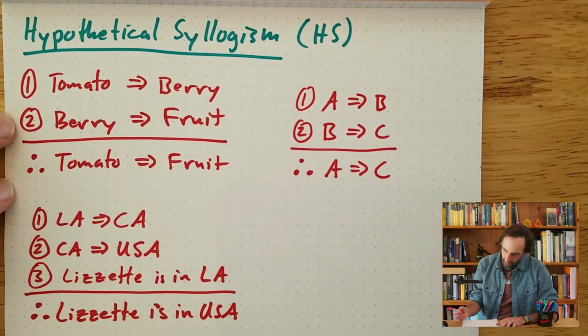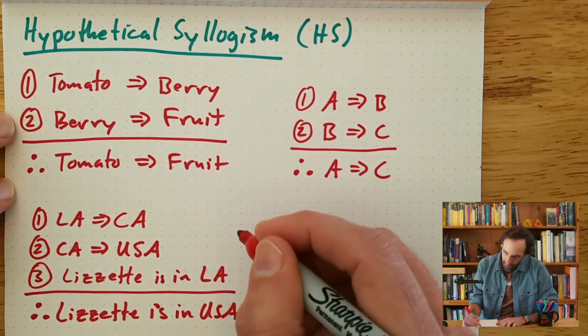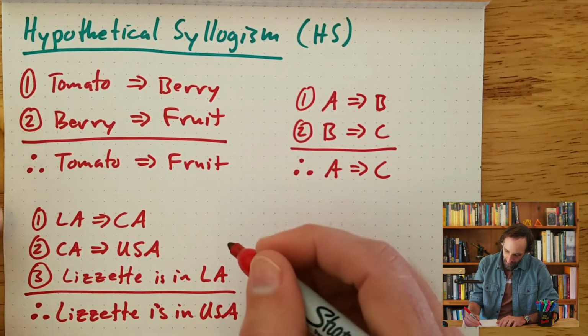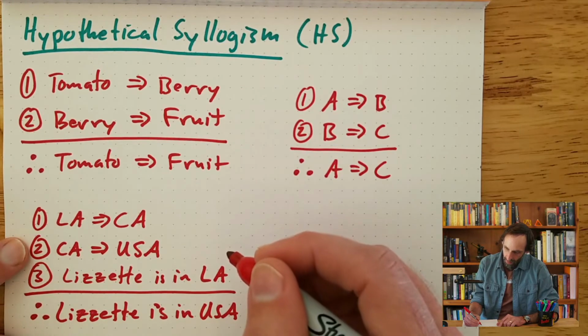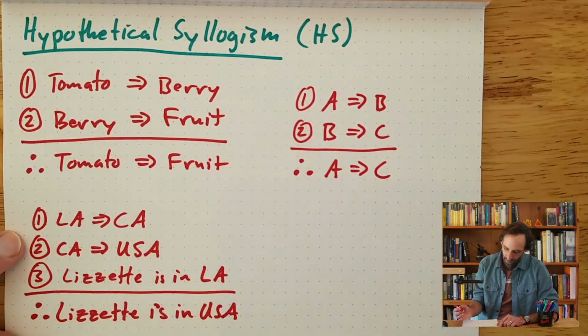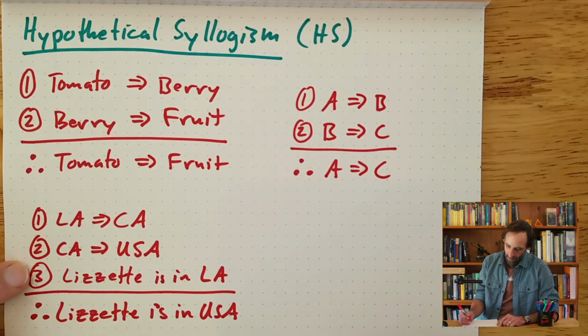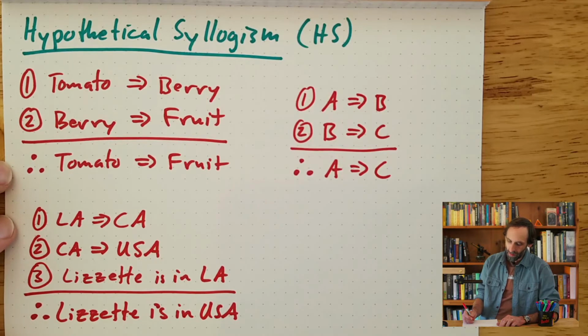And so when I look at this, I see that these first 2 here are leading to a hypothetical syllogism. But then these last two here lead into a modus ponens type of argument.